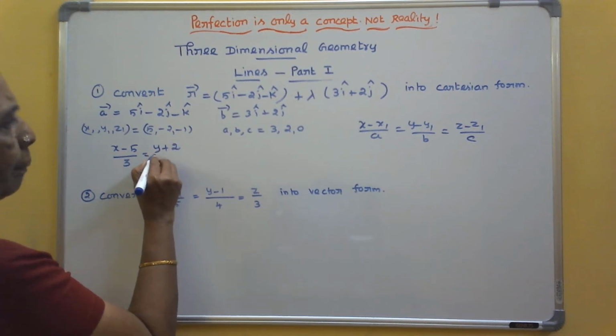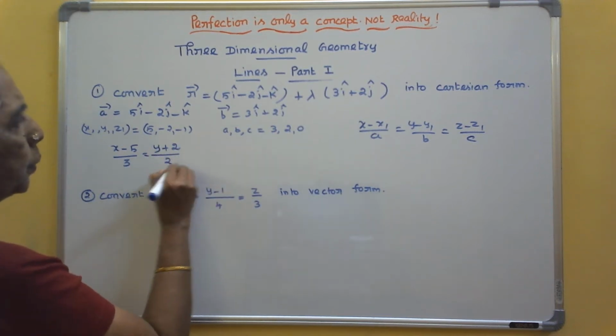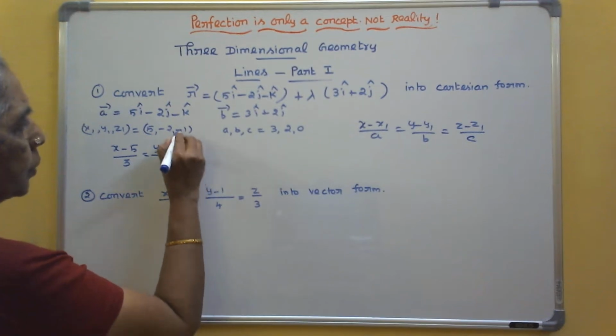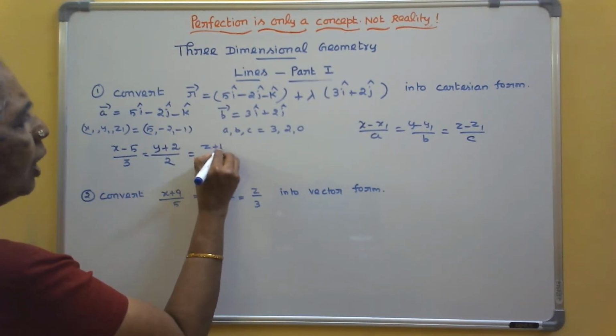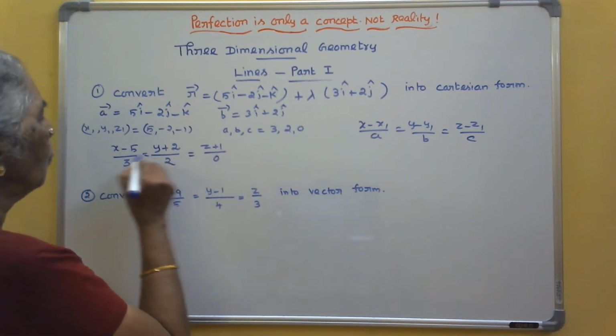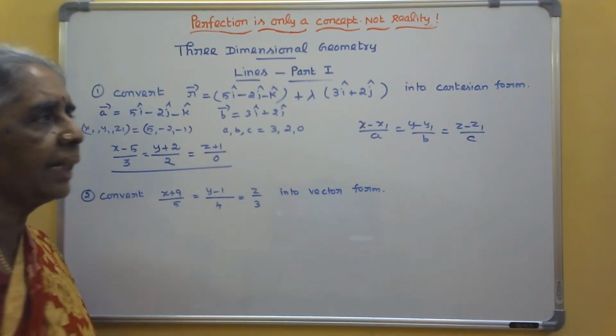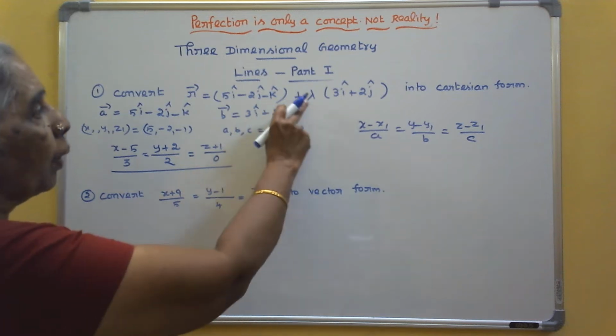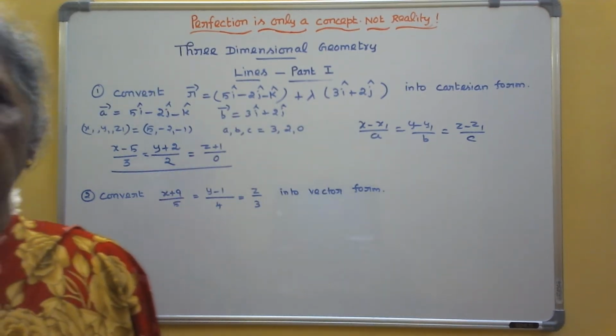So that will become (y plus 2) by 2. That is equal to z minus of minus 1. That will become (z plus 1) by 0. This is the Cartesian equation corresponding to this vector equation.